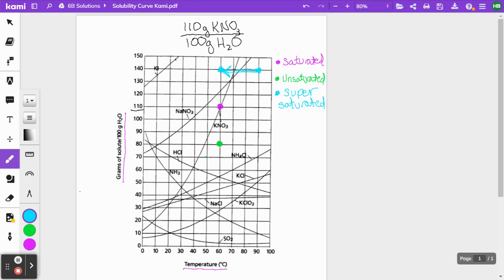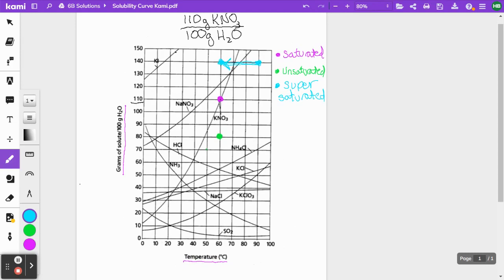Now let's go to another aspect of what we can determine from this graph. Notice that with KNO3, as the temperature increases, the solubility also increases. So let's label some of these: as the temperature goes up, the solubility also goes up.